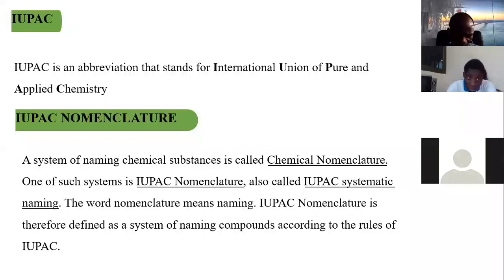Nomenclature. I remember when I went to secondary school, I was very, very young, very small. A senior saw me. In those days, seniors were always giant and tall, not like the seniors we have these days, who are very small.